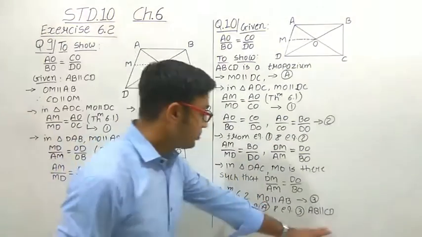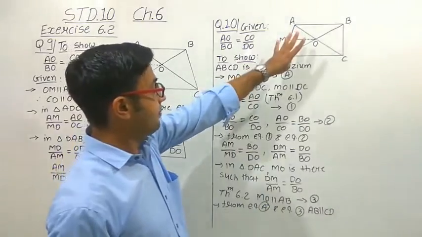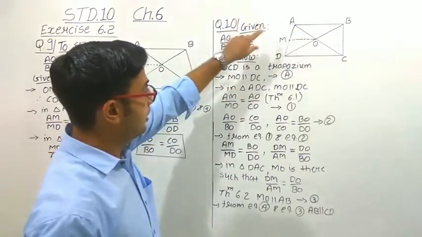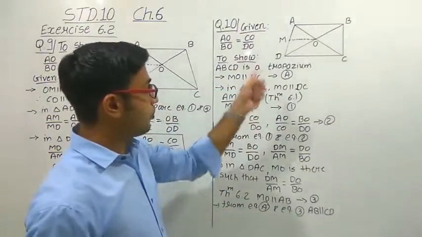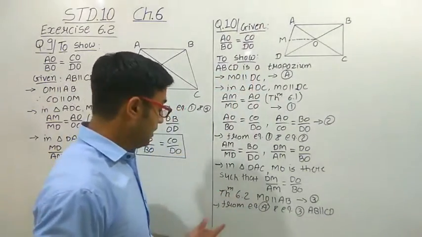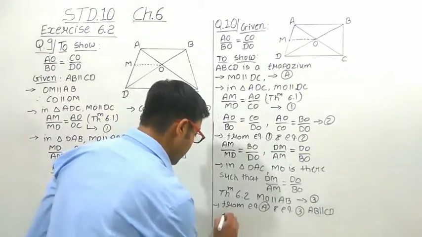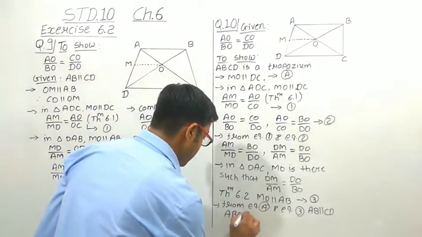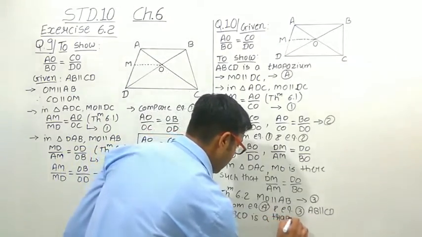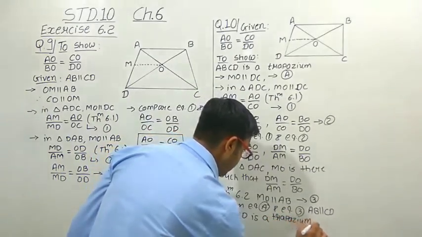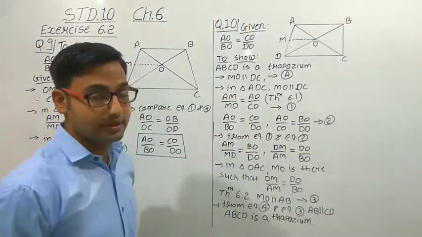Now in any quadrilateral, if two sides are parallel, then we can say that the quadrilateral is a trapezium. So from this we can write down that ABCD is a trapezium. Hence this is the required result, right?